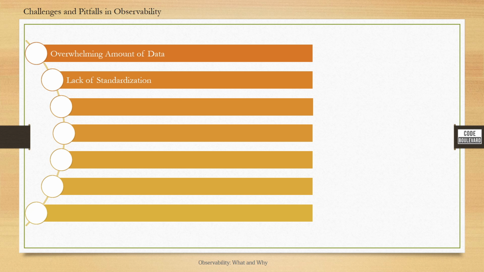So it's better to define a convention between your teams if you are working on a big system with a lot of services. The next one is alert fatigue. If every minor anomaly triggers an alert, it can lead to a flood of notifications that may not necessarily indicate critical issues. Another one is incomplete instrumentation.